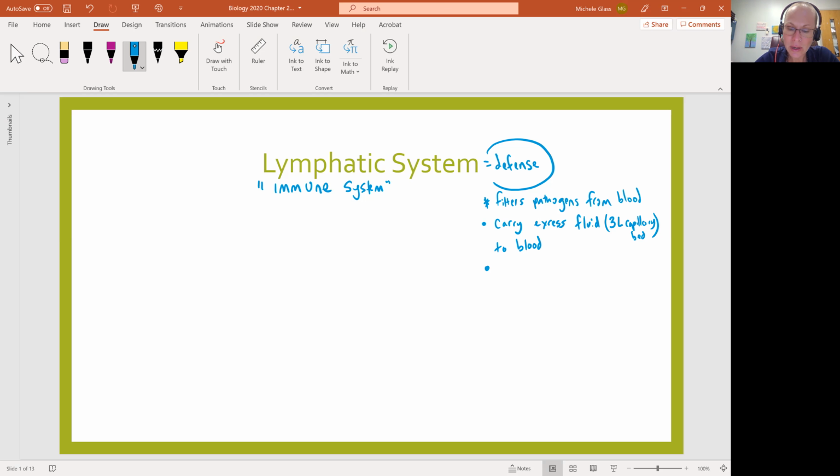And then another important job, which we'll pick up again in the digestive tract, is that the lymphatic system is critical in transporting dietary fat and lipid-soluble vitamins. The key thing here is that our blood is primarily water.